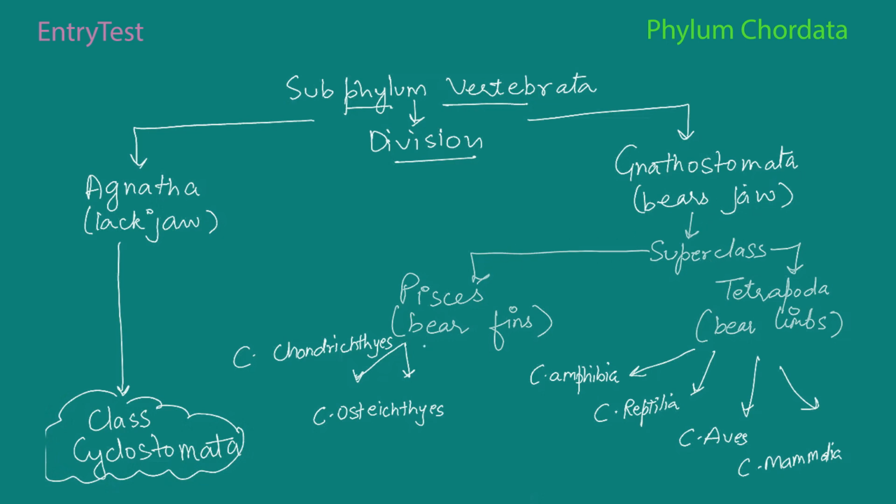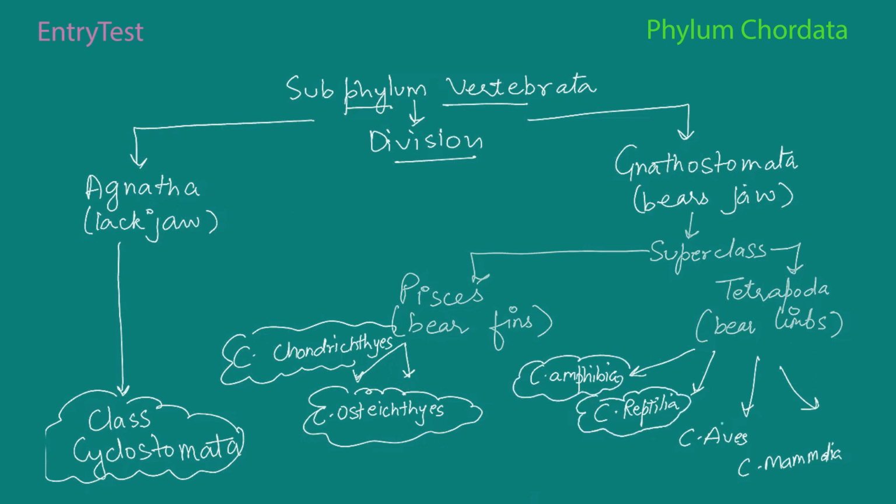One is Pisces, the ones that have fins, so that is class Chondrichthyes and class Osteichthyes. And coming to Tetrapoda, the ones that bear limbs, you have class Amphibia, class Reptilia, class Aves, and class Mammalia. So going forward, we are going to discuss each of these 7 classes one by one.